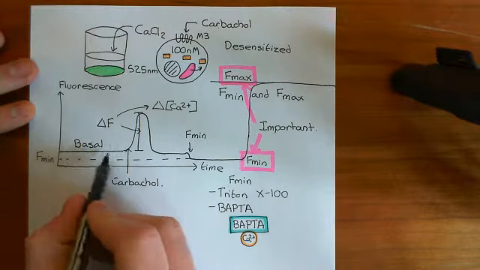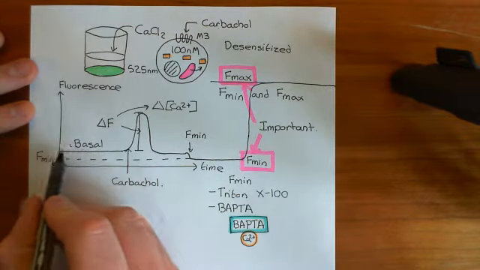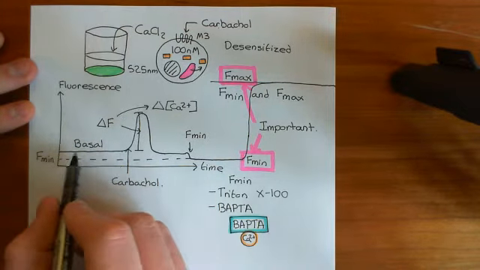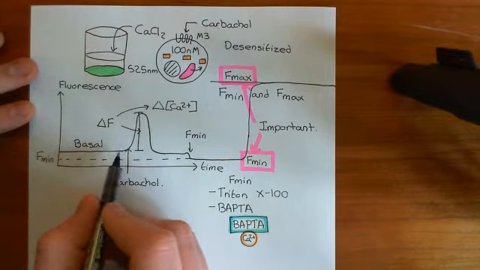So the sum of those two effects gives us this basal fluorescence level here, which is produced by normal cytoplasmic concentration of calcium.